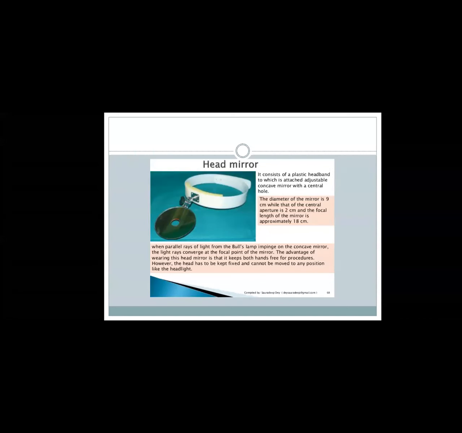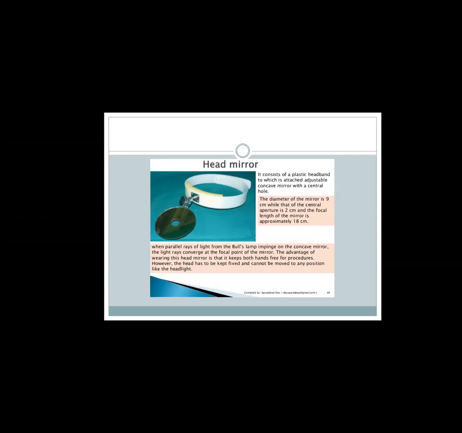There are also specifications for this mirror. The bullseye lamp had a biconvex lens, whereas in this case you use a concave mirror, which has a diameter of around 9 centimeters and a central aperture of 2 centimeters.